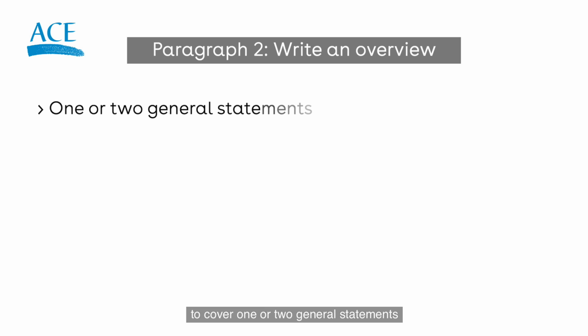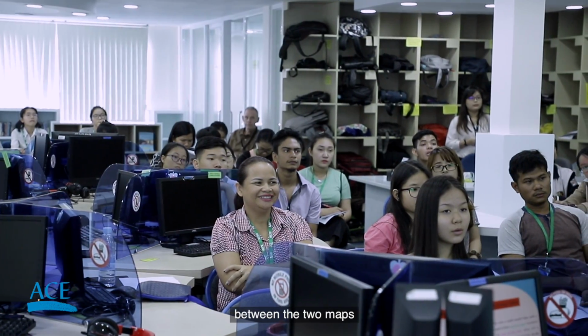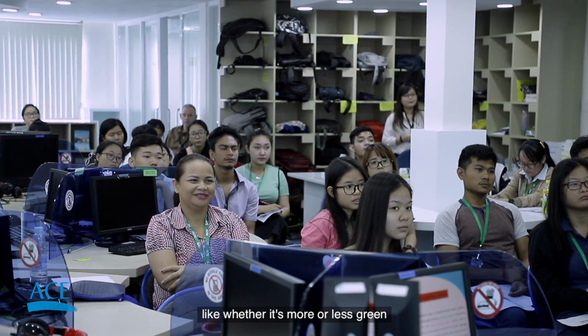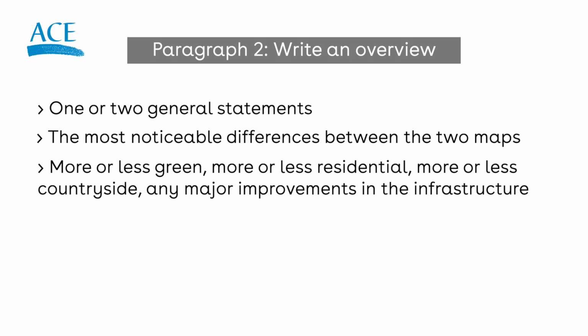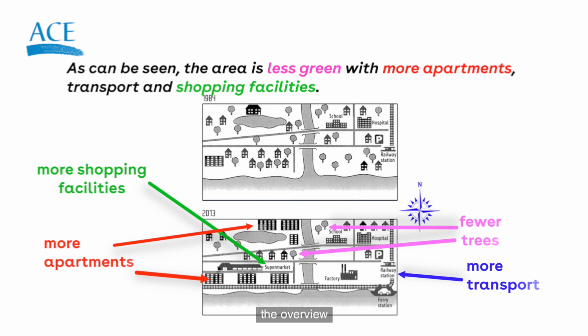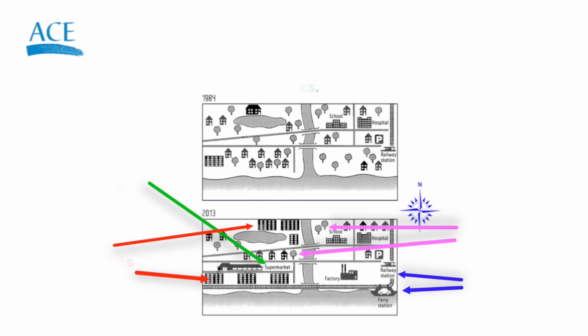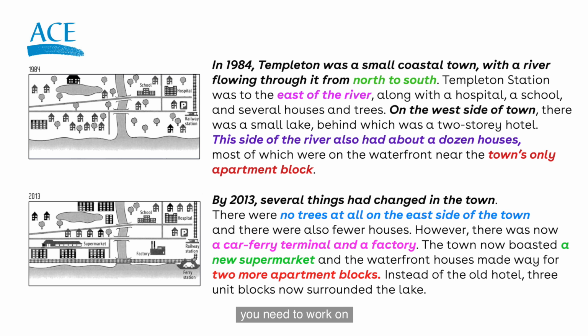Make sure to cover 1 or 2 general statements, the most noticeable differences between the 2 maps, like whether it's more or less green, more or less residential, or more or less countryside, and also any major improvement in the infrastructure. Okay, here we are, the overview. In paragraph 3 and 4, you need to work on the key changes and grouping ideas.